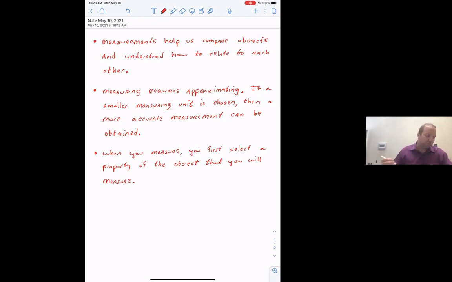So when you measure, you first select a property of the object that you will measure. Then you choose an appropriate unit of measurement for that property.